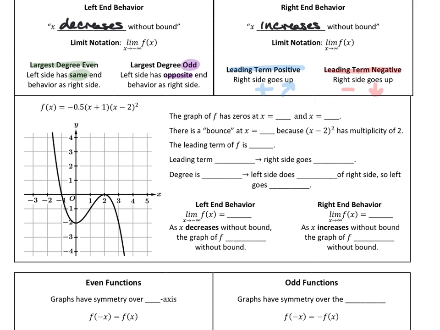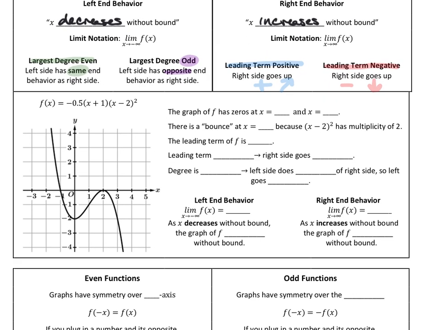So let's see a quick example here. Here's a polynomial. We have both the equation and the graph, and we're going to fill in this information. The graph of f has zeros where and where? -1 and 2. We see that there are zeros here and here. One of the questions on the FRQ from the mock exam we gave on Saturday literally asked what was the zero of the graph. A lot of us got it, some of us did not. Don't overthink it.